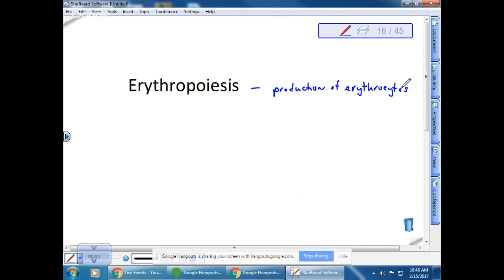So we have stem cells, and I'll show you a picture of them in a minute. And the stem cells go through a series of manifestations. They divide and they produce other cells. And at the very end of this line of production, as the stem cells are maturing and are becoming specialized, they produce what is called a reticulocyte.